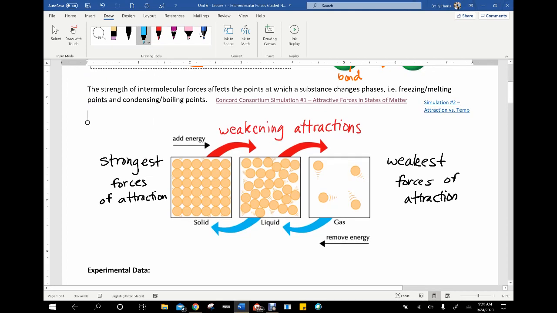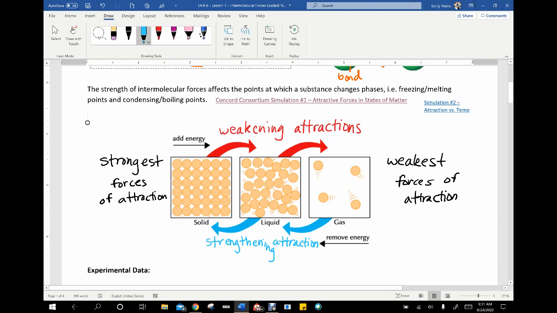On the other hand, as we go from gas to liquid to solid, we have to remove energy. We're re-strengthening the attractions between our molecules, those intermolecular forces, in order to take us back down to the liquid and solid state. So this is where we're strengthening the attractions, moving to the left.